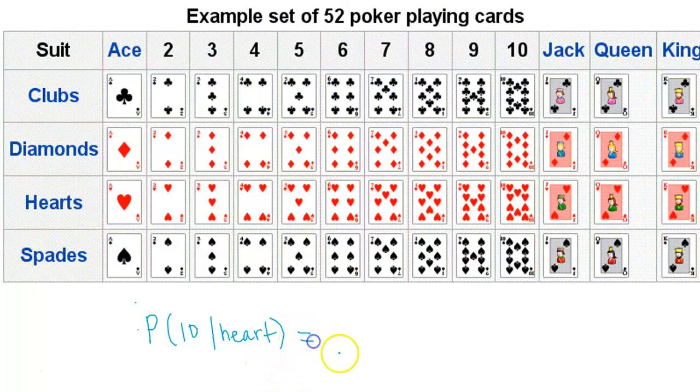Okay, so if I already know that the card is a heart, then I know that there are 13 possibilities because there's only 13 hearts. The probability that it would be a 10, given that it's a heart, would just be 1 out of 13, because there's only one heart that is a 10. So 1 out of 13 is 7.7%.